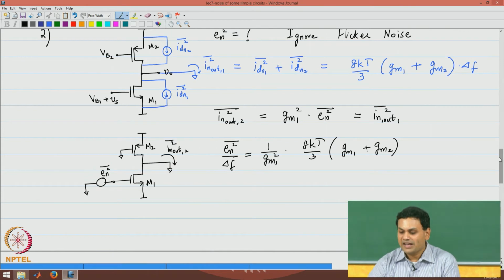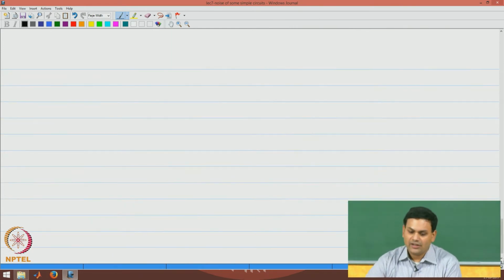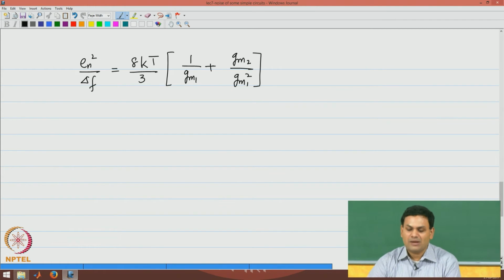So, I obtain 8 kT by 3 into 1 over GM1 plus GM2 over GM1 squared.